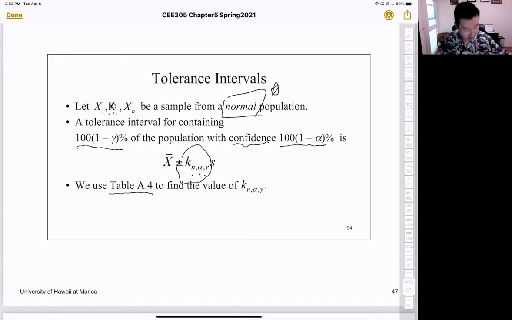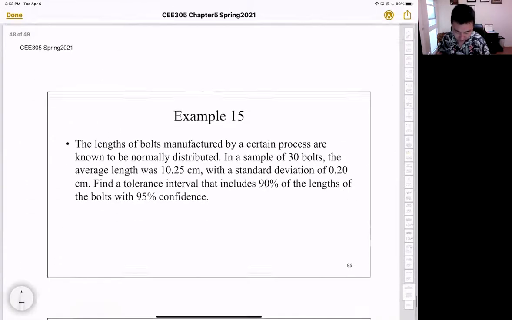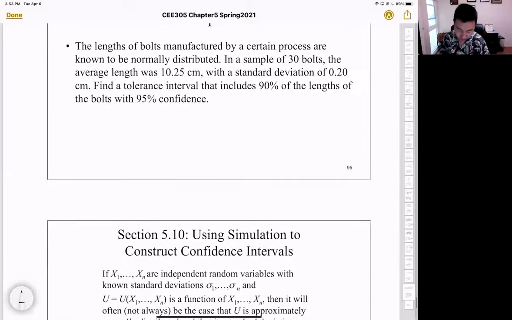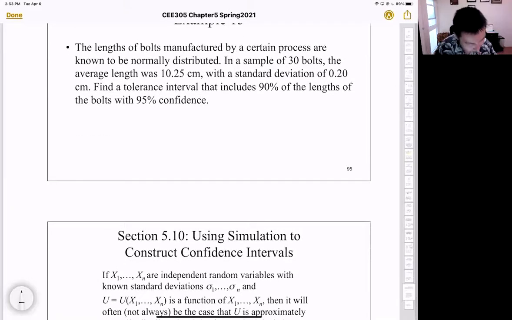So let's look at an example to see how we can calculate tolerance interval. The length of boats manufactured by a certain process is known to be normally distributed. So that condition is met.